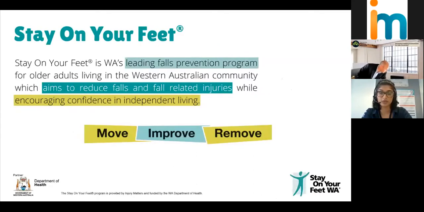Today's training is brought to you by our Stay on Your Feet program with the support of the Department of Health WA. The Stay on Your Feet program provides information, training, and support to older adult community members and professionals working with older adults on how to prevent falls in the community. This is done through the Move, Improve, Remove campaigns: Move Your Body, Improve Your Health, and Remove Hazards.